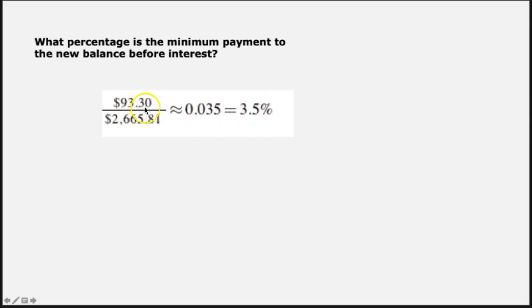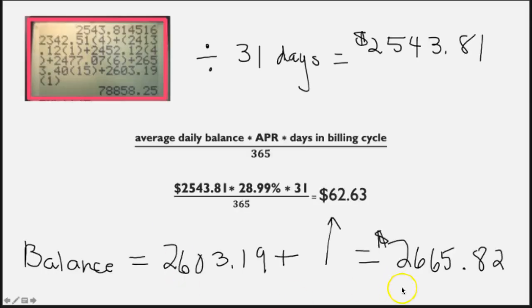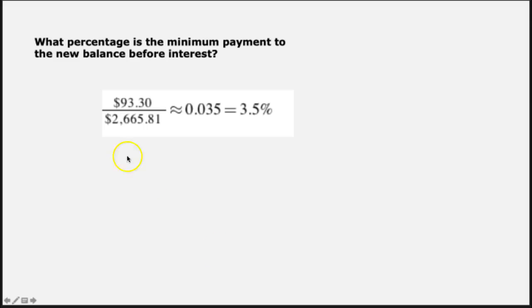Because if I take 9330 and divide by what I currently owe, which is from this slide, 2665.82. Well, it says 81 here. Remember, it can vary by like a cent due to rounding, but divide that out and you get 0.035, which is the number that will come up in your calculator, but convert that back to a percent and you get 3.5%.